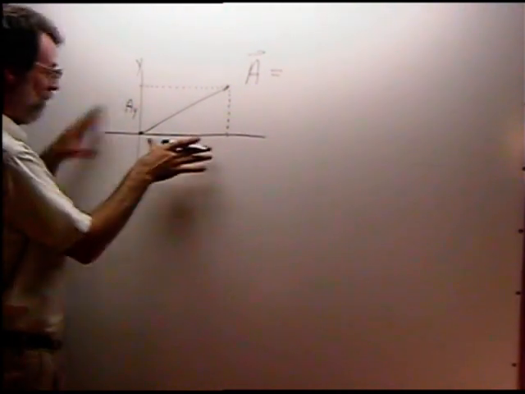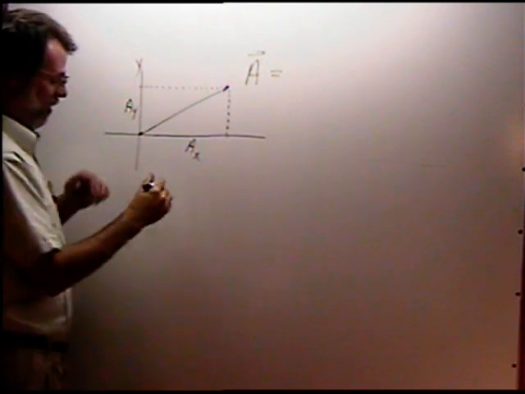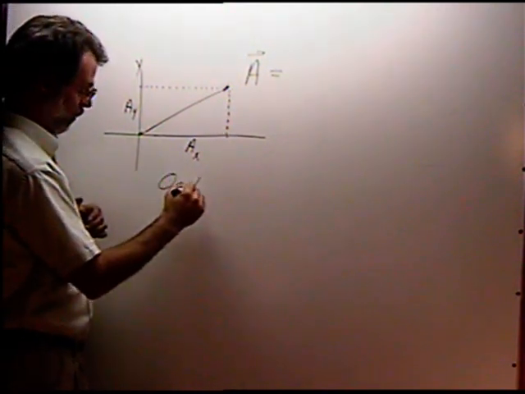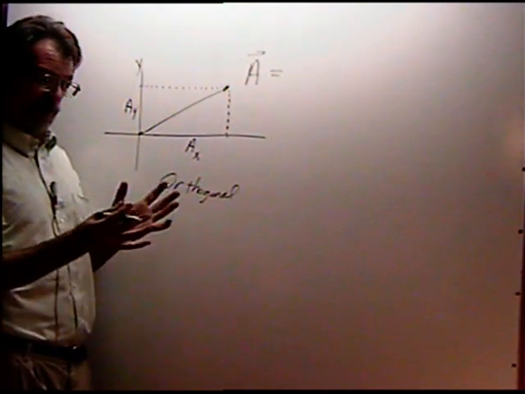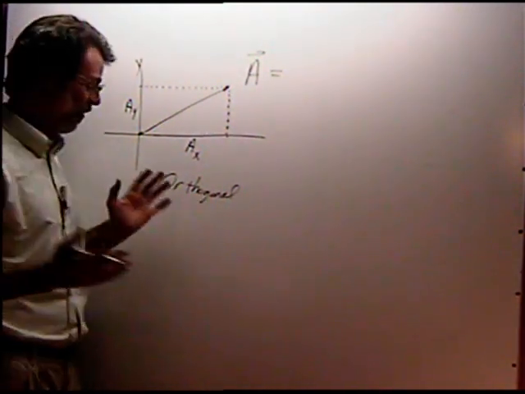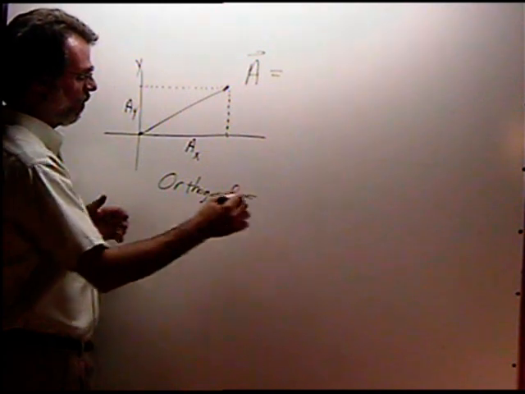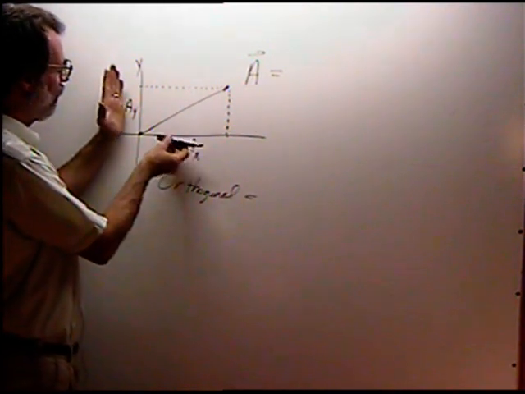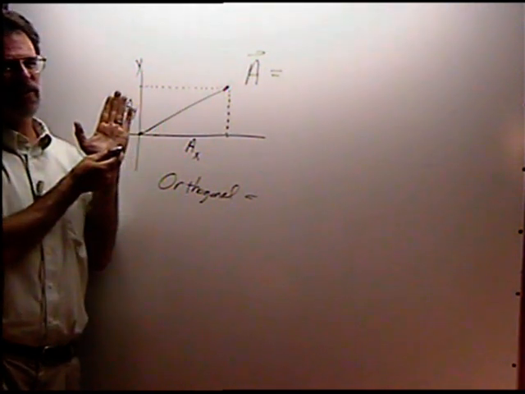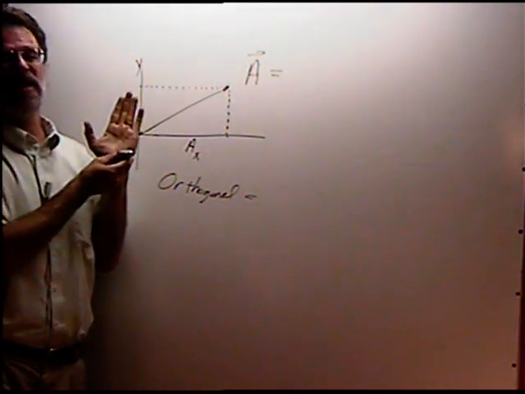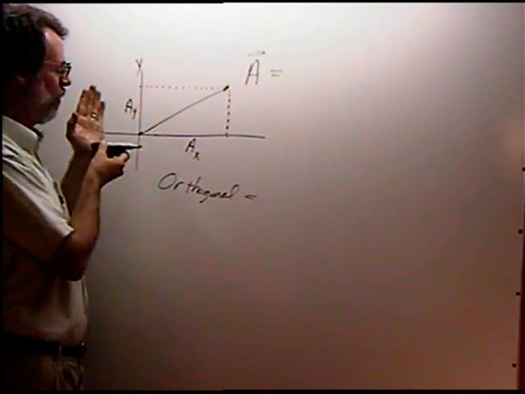And these two components are orthogonal. The word orthogonal, we're going to talk more about that later. But it's a great word, orthogonal. I just love how it sounds. Basically, two vectors are orthogonal if they're at right angles to each other. That's the easiest way to explain it right now. There's a much more strict mathematical definition, which we'll talk about later if we have time.